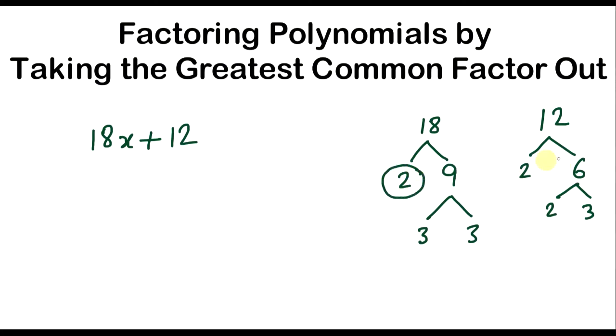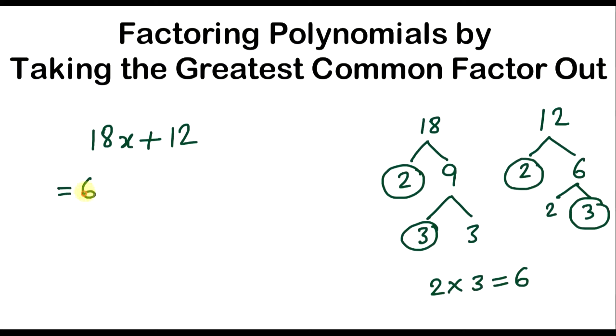We have 2 and 3. So the GCF will be 2 multiplied by 3, that is 6. So the GCF of the numbers is 6. I will write 6 here.